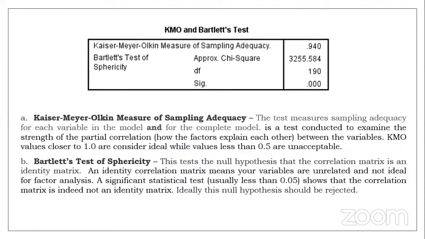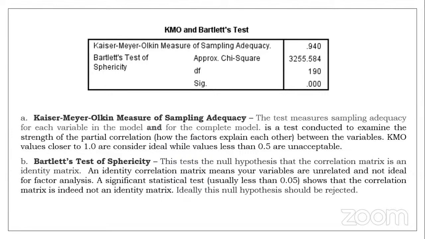So here, this chi-square which you are seeing is a chi-square measure of whether the correlation matrix which you have got for your data set is the same as the identity matrix or not. Meaning, whether the variables which you are considering are unrelated and not ideal for factor analysis or not.